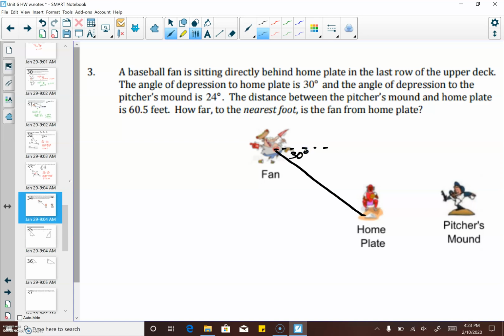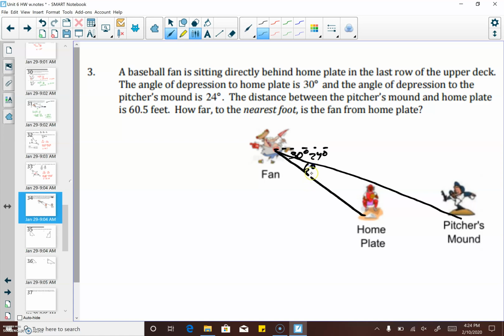And then the angle of depression to the pitcher's mound is 24 degrees. So if that whole angle of depression is 30 degrees and the pitcher's mound part is 24, that's going to give us, excuse me, not 60, 6 degrees for that angle that fits inside that obtuse triangle that we see.